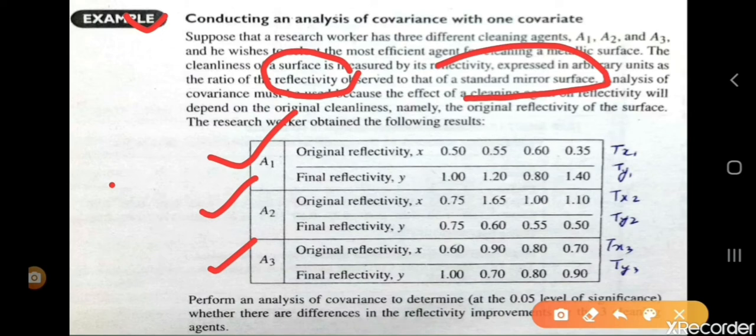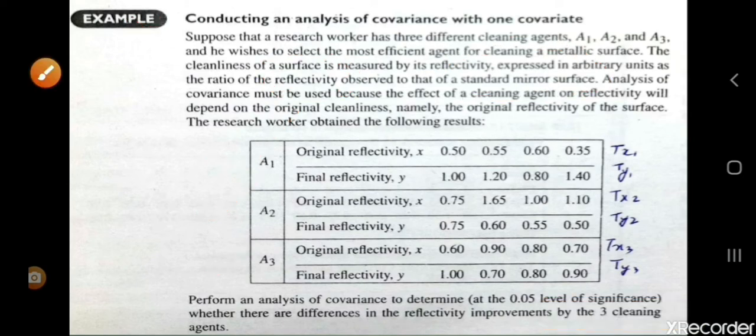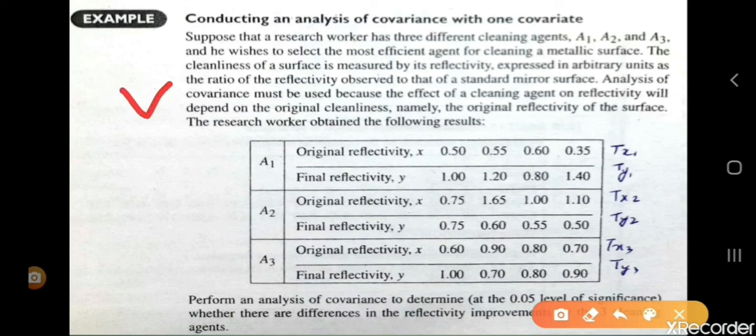So it is given in terms of ratio. So analysis of covariance should be used, because the effect of cleaning agent on reflectivity will depend on original cleanness. So this is the covariate, maybe the original reflectivity of the surface.